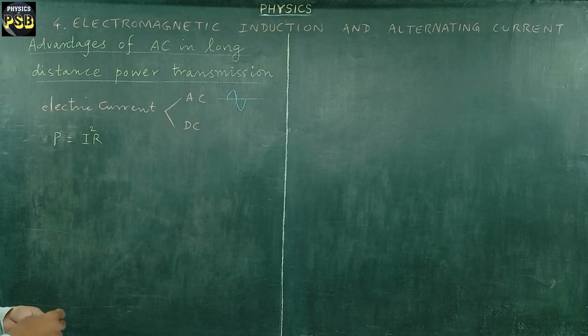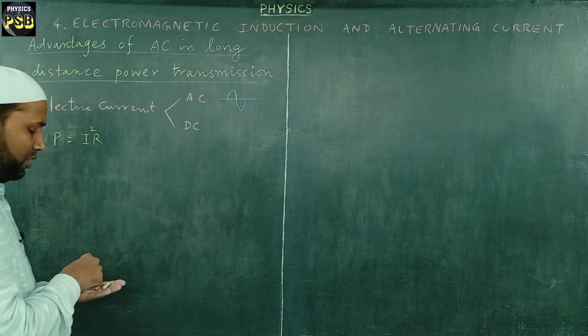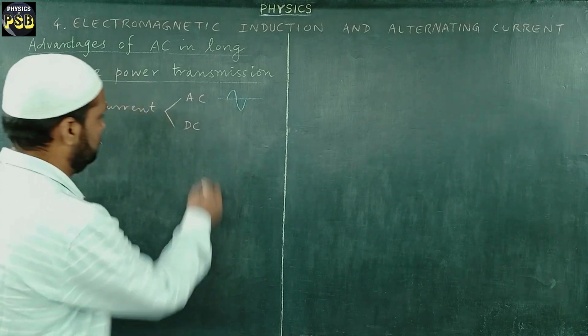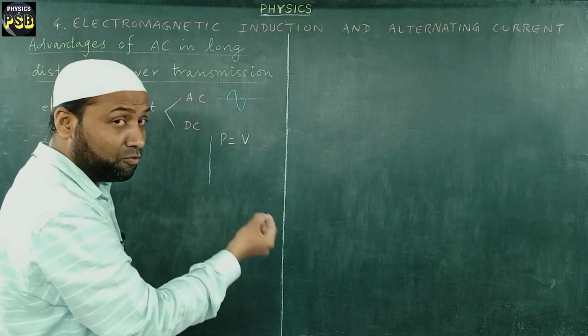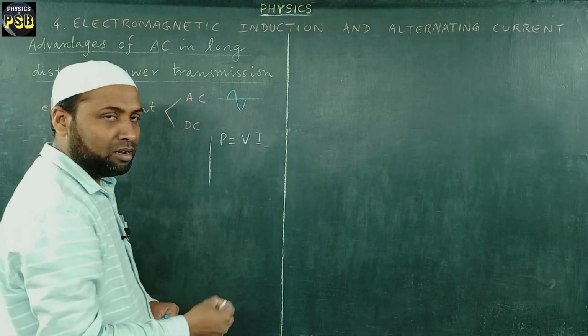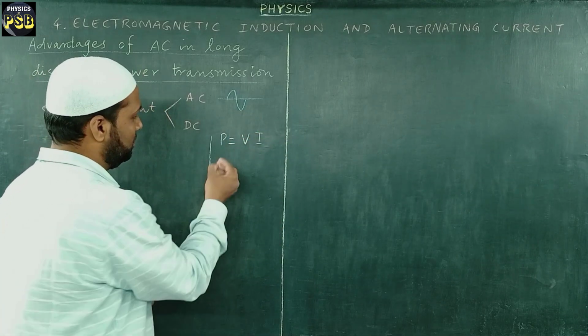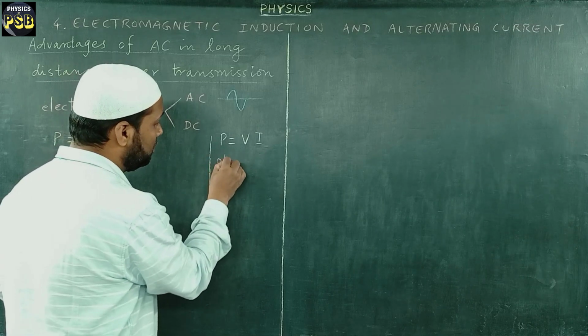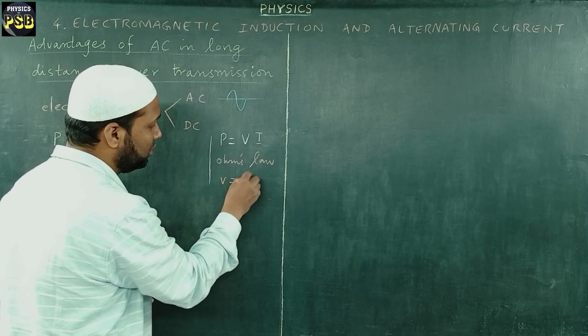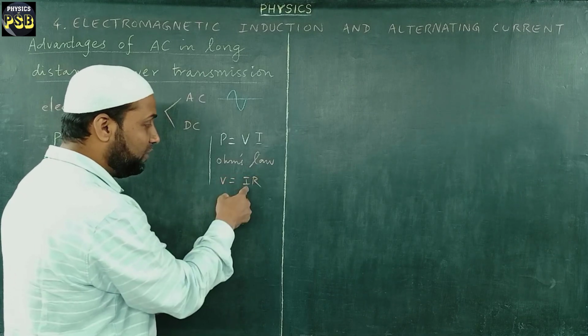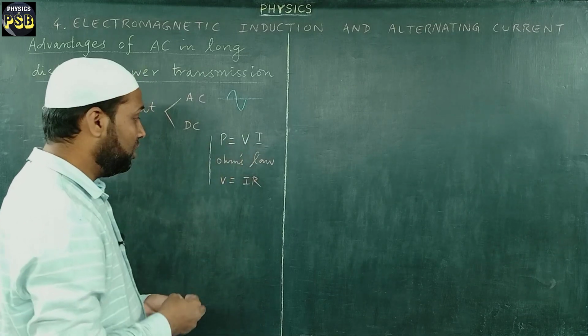How do we get this? We know the expression for power. Electric power is the product of voltage and current. And we know Ohm's law. What is Ohm's law? Ohm's law says that V equals IR. If we substitute this in the place of V, what do we get?